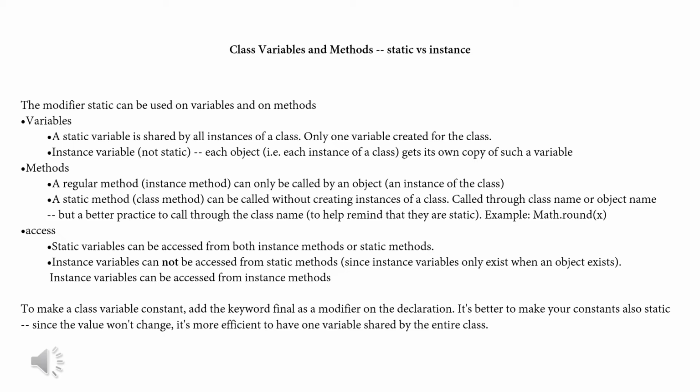So when we create one object, one copy of this variable will be created. When we create the second object, another copy of this variable will be created. So each object of the class has one separate variable, right? And that's the instance variable, right?